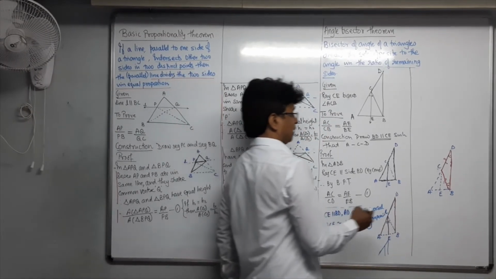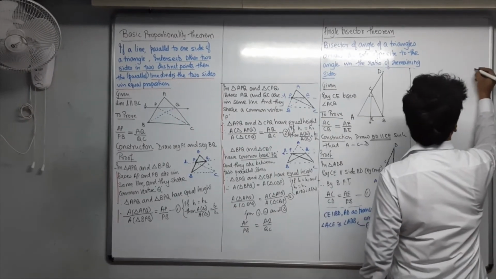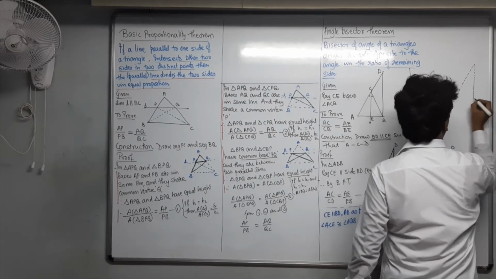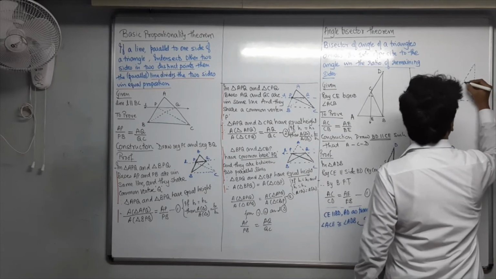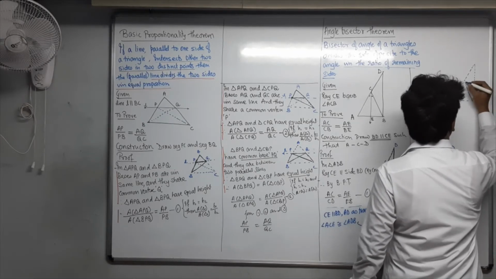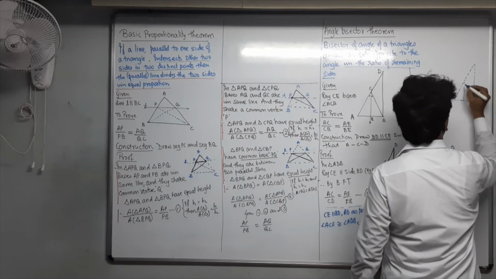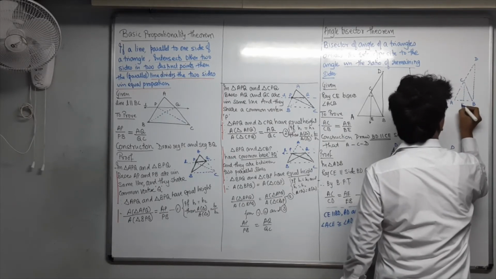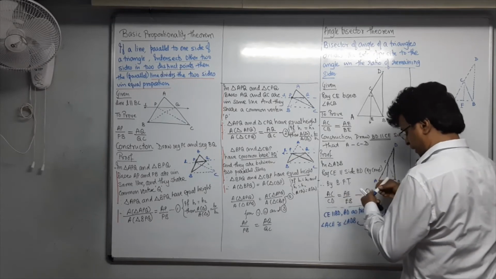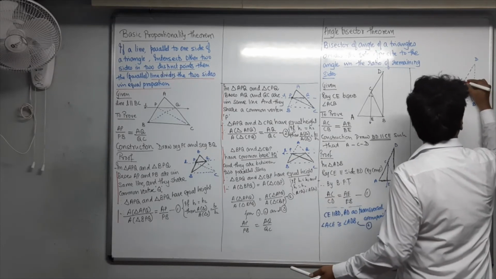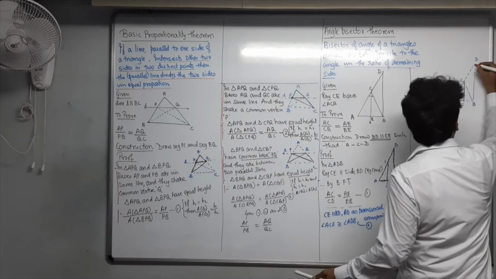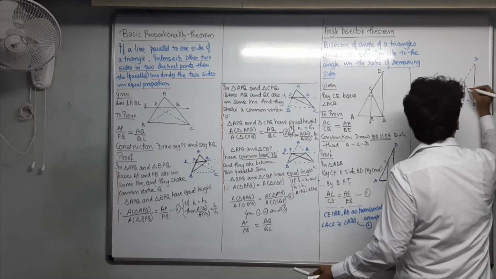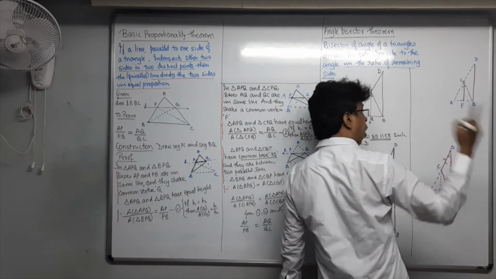Similarly, what I will do in the next step, see here, this is my A, B, C, D, E. Now in the next step, what? Again I will take these two parallels, CE parallel to BD. But now I want, and this is my 1, this is my 1. And now I want them to be alternate angles.